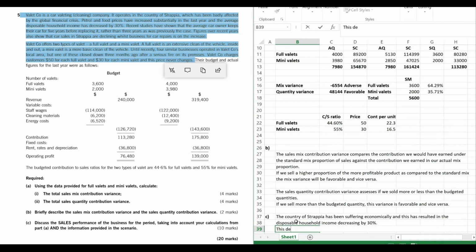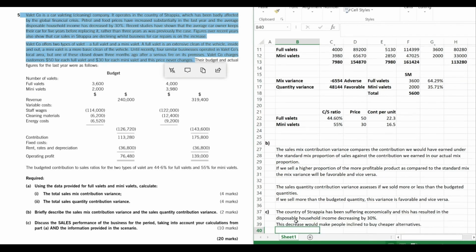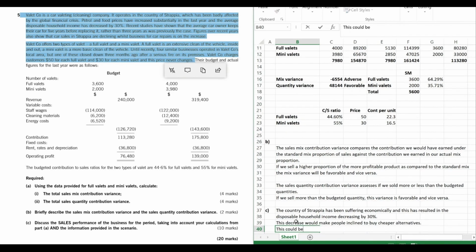This decrease would make people inclined to buy cheaper alternatives. This could be one of the reasons they preferred to buy mini valets over full valets.